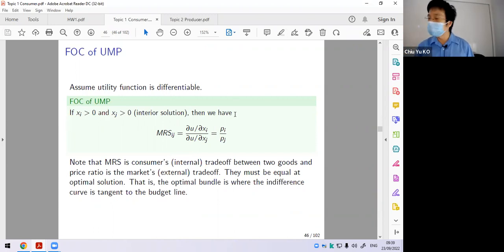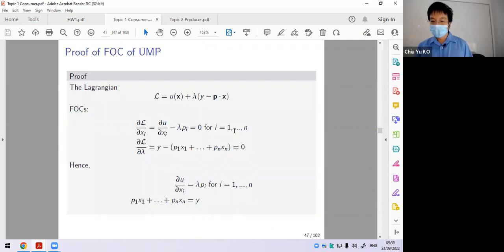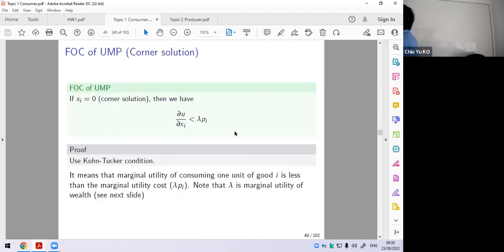When you have an interior solution, for a corner solution, the marginal utility of that good must be less than the utility that you need to spend money on it. So this is why price times the marginal utility of wealth. That is the FOC.